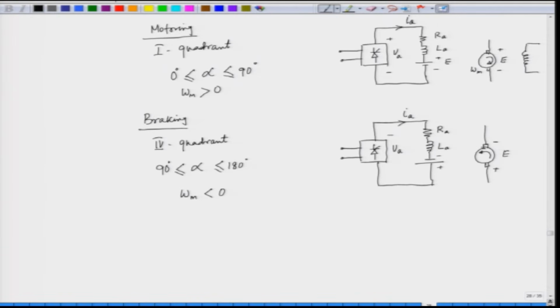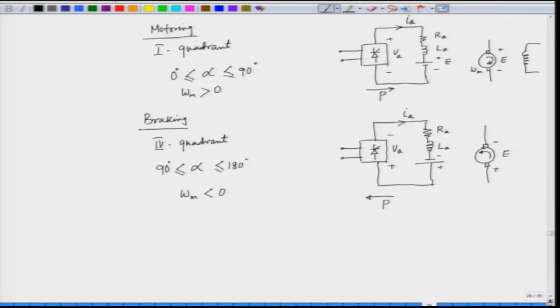If we see the converter voltage V A, the power is negative, which means the power flow is basically from the load to the supply. But in case of motoring, the power flow is positive, which means the power flows from the supply to the motor, to the load. Here the power flow is negative. So, that is why we call this regenerative braking, and this happens in fourth quadrant.